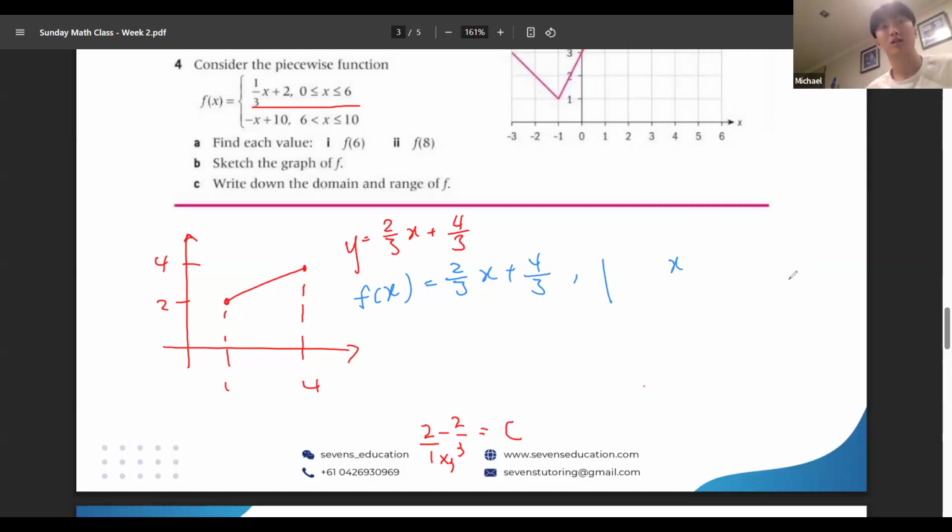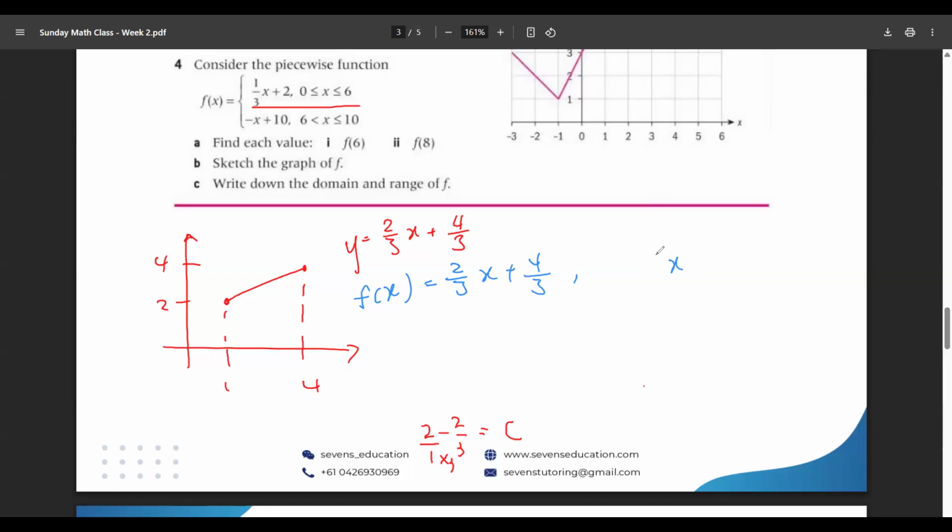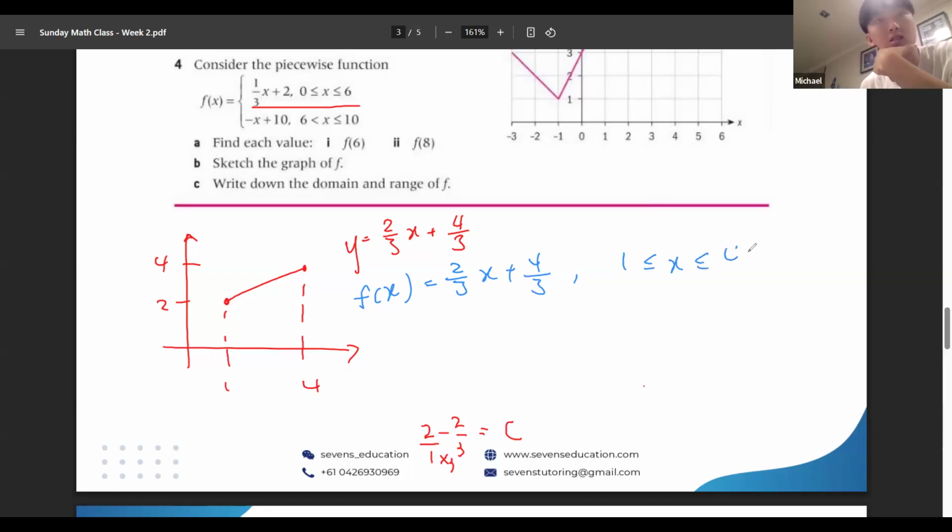So like our domain, what is it? Domain is equal to or bigger than 1 and equal to or smaller than 4. Nice. That was the whole thing. Yeah, that's pretty much this question.